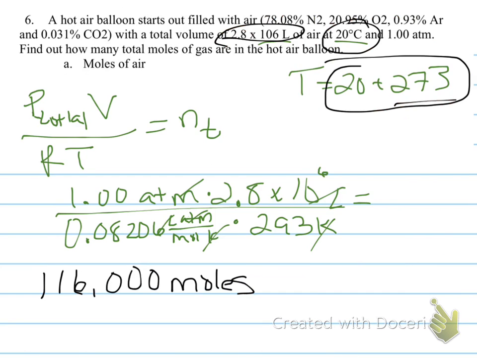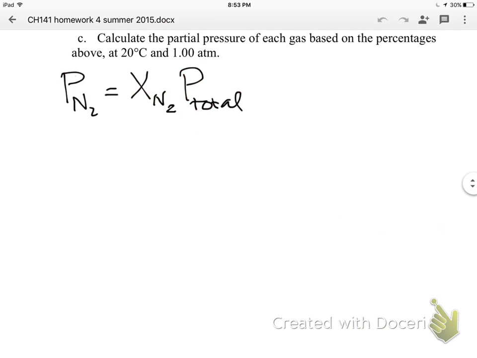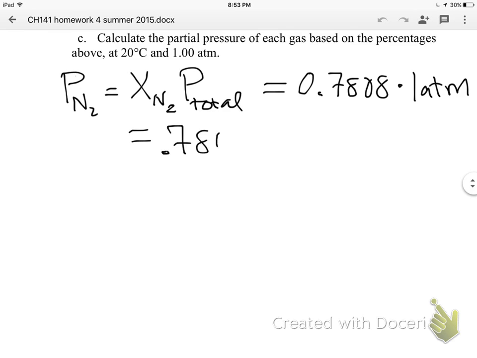So when we go back to this and we look at it, we say, okay, here's your fraction, 78.08%. We can turn that into a fraction by just dividing by 100. So the pressure of N2 is going to be 0.7808 times 1 atmosphere. So of course that's 0.7808 atmospheres.